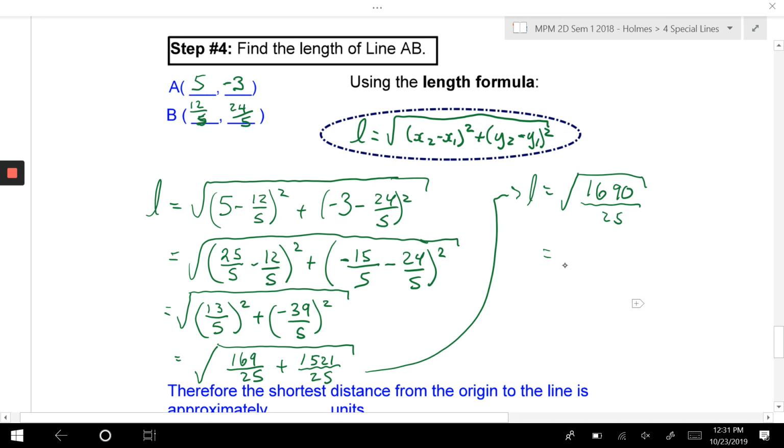So you divided by 5. What did it give you? 338. And at this point, let's just go with our calculator answer as a rounded number. What do we get?